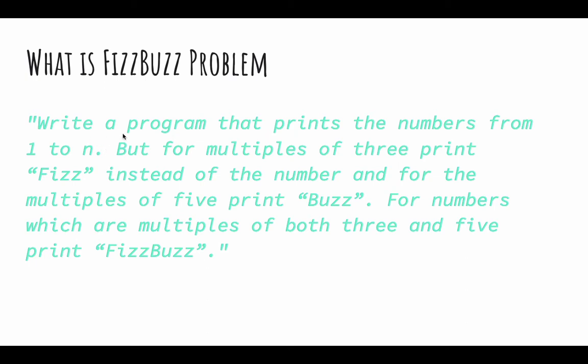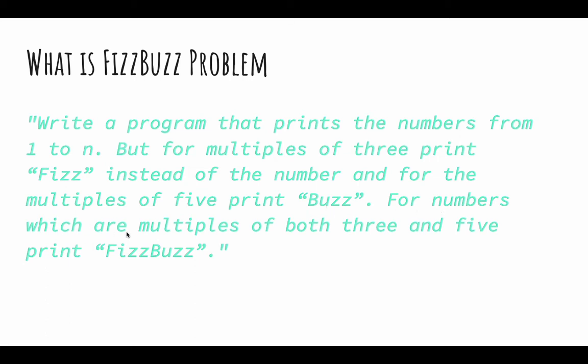Okay, so write a program that prints the numbers from 1 to n. So we're going to print values from 1 to n, but instead of just numbers from 1 to n, there is a condition here. For those multiples of 3, print out fizz instead of the number. And for the multiples of 5, we're going to print out buzz here.